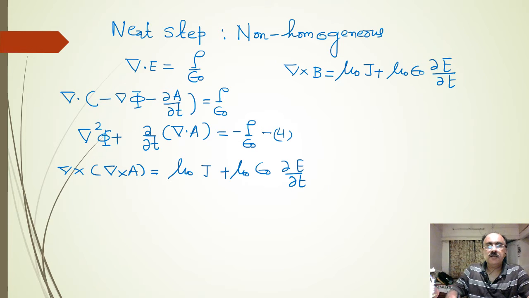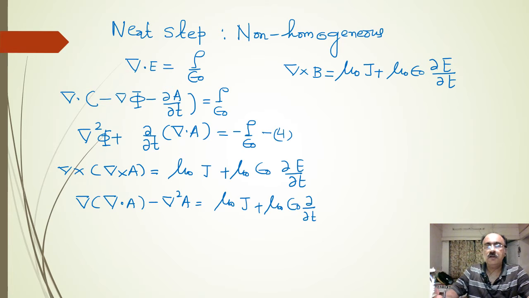And curl of curl of A is gradient of divergence of A minus del square A, equal to mu 0 J plus mu 0 into epsilon 0 del upon del t of E, again you express E in terms of the potentials: minus gradient of phi minus del A upon del t. So essentially we have put E and B in terms of phi and A for the two non-homogeneous equations, and we combine the terms.